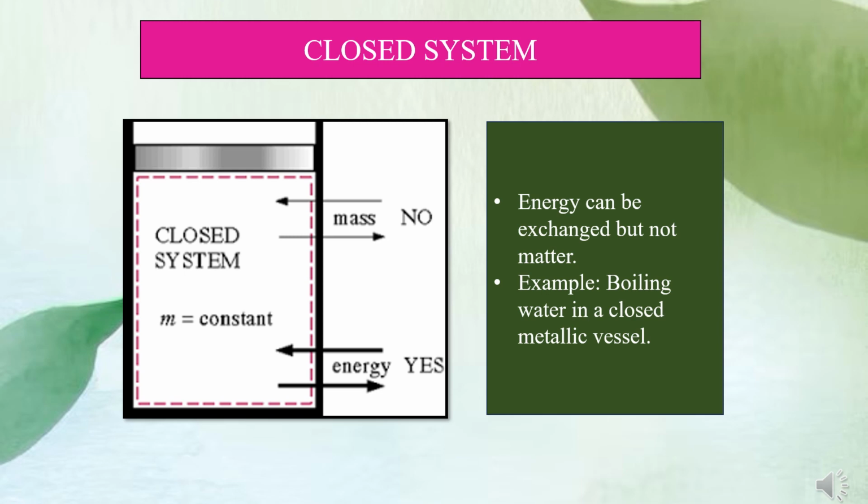A cylinder in which the valve is closed is an example of a closed system. When the cylinder is heated or cooled, it does not lose its mass. So simply, in a closed system, energy can be exchanged but not matter. Another simple example is boiling water in a closed metallic vessel.